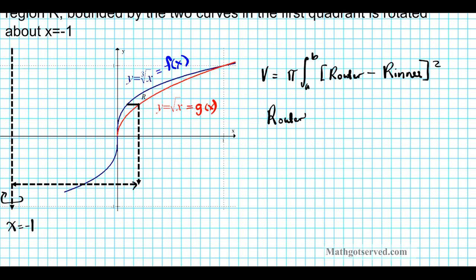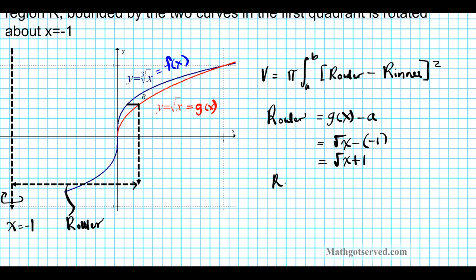So what is our outer? Our outer radius is going to be g of x minus the axis of rotation. So if we apply this problem to this formula, g of x is the square root of x minus a, which is -1. So it's going to be the square root of x plus 1.